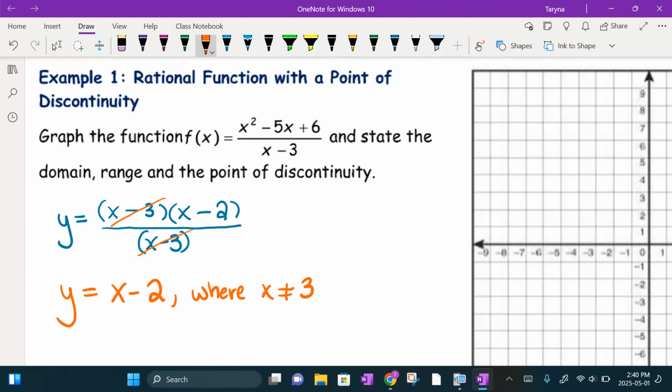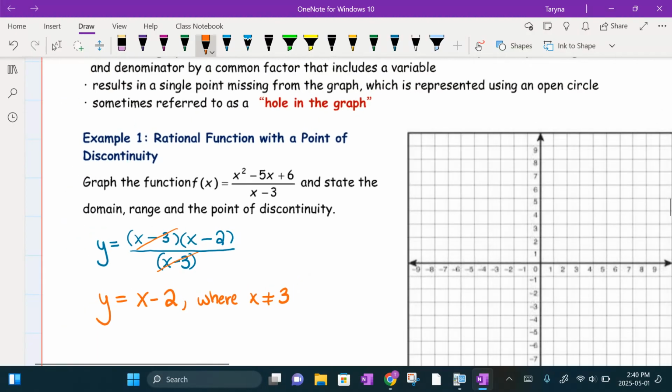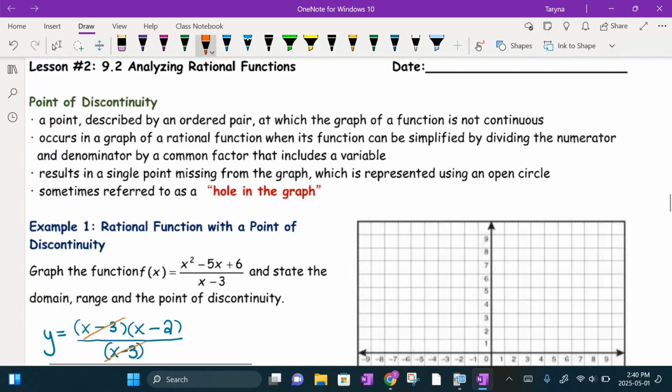So you'll be able to recognize it because it is very clear you have factors that are the same. As soon as you divide out a factor from top to bottom, it's still a restriction, but it's no longer vertical. It's not called a vertical asymptote. It's called a point of discontinuity. So again, a point of discontinuity is a point, described by an ordered pair, at which the graph of a function is not continuous.